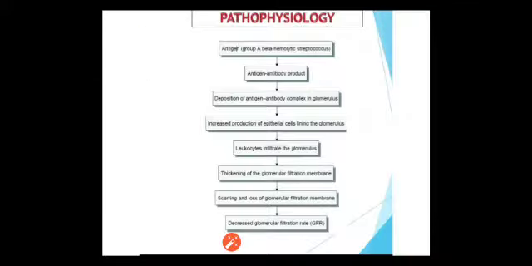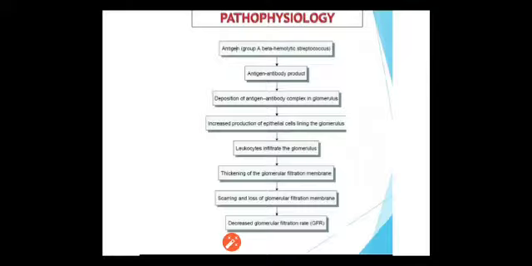Next one is pathophysiology. In pathophysiology we see the antigens, the etiological factors, enter into the body. They will provoke the antibodies, they will stimulate the antibodies. The antibodies which are produced together with the antigen form antigen antibody products.